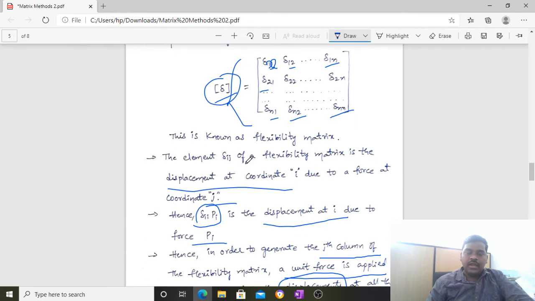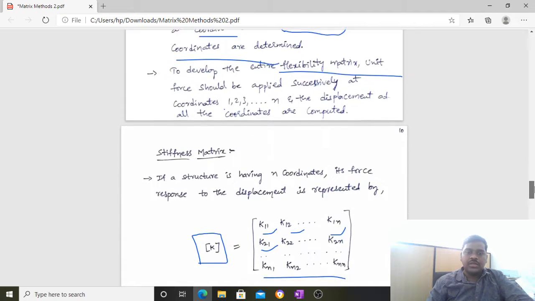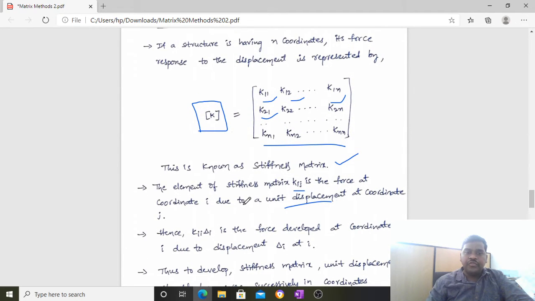I repeat again, delta ij, whatever may be a small number or element in a matrix, that is the displacement at coordinate i due to a force. Displacement due to force in flexibility matrix, force due to unit displacement in stiffness matrix. It is exactly opposite. Two methods are there in matrix method of approaches. One is opposite to another, and depending on our interest and request, we are going to solve the problems in any of those methods.